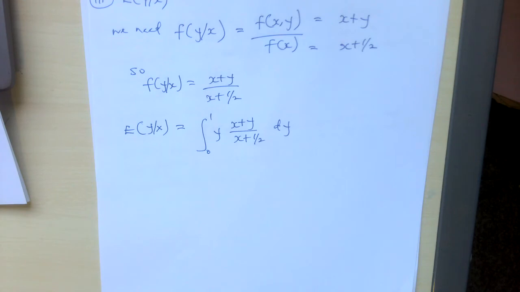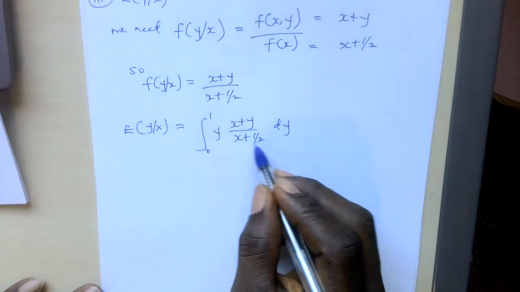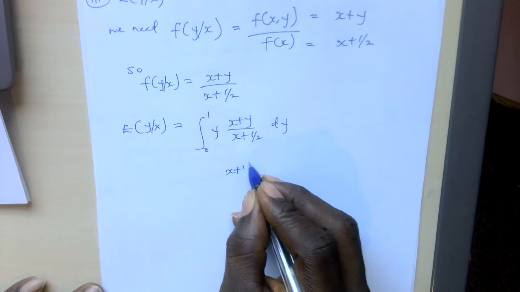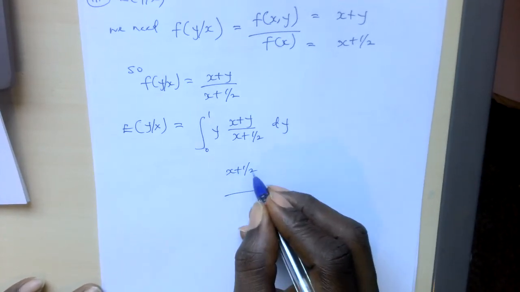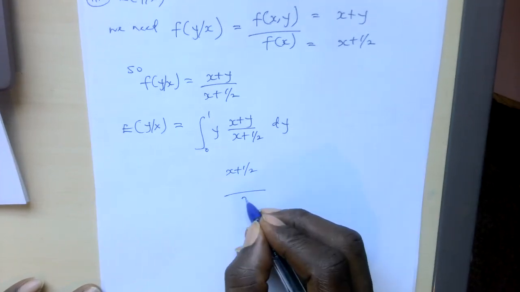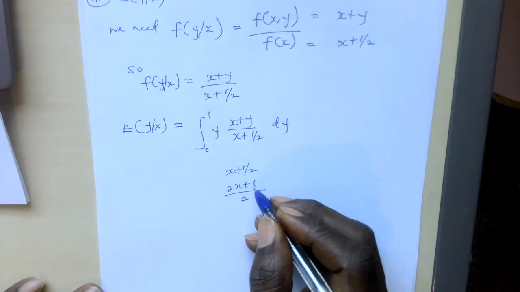Now from here we can manipulate this. We have x plus half first, that's x over 1 plus 1 over 2, LCM is 2, so this is 2x plus 1 over 2.